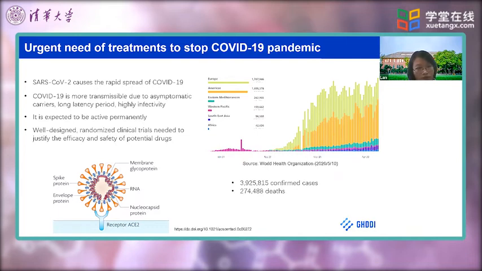It is also expected that it will stay permanently, with seasons of peak before the population has immunity. So there's an urgent need for treatments to stop the COVID-19 pandemic. There are potential drugs or treatments in clinical studies, but we still need well-designed, randomized clinical trials to justify the efficacy and safety, such as remdesivir, chloroquine, etc.